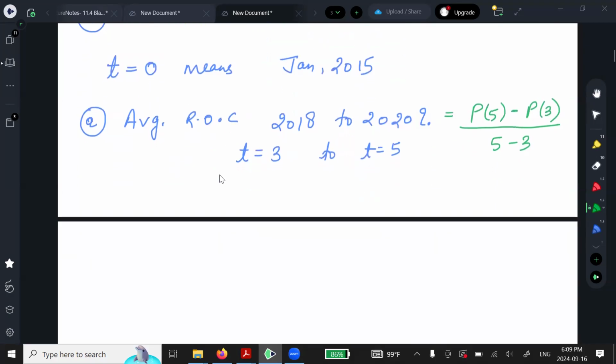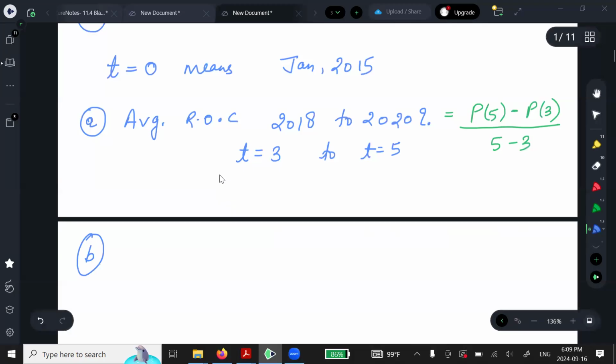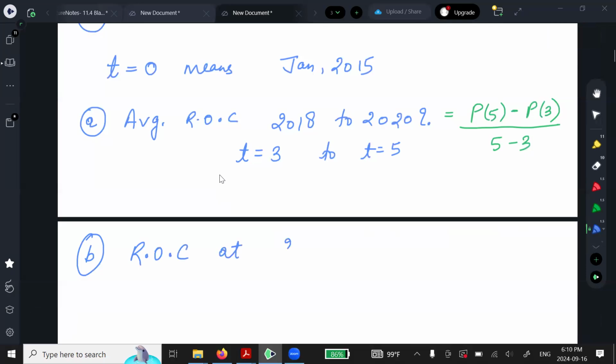And now for part B, I want the instantaneous rate of change for the exact year 2020. What happens when I only give you 1 point? What do we do for cases like this? Instantaneous rate of change. What do you do? How many know what to do? Derivatives, right? Differentiate. Good job. And 2020 means t equals 5.